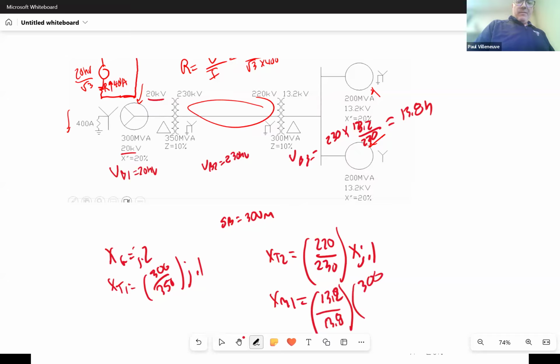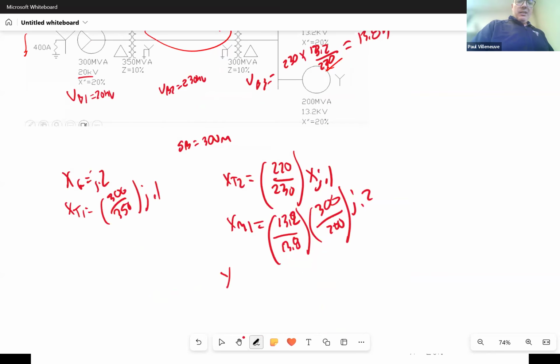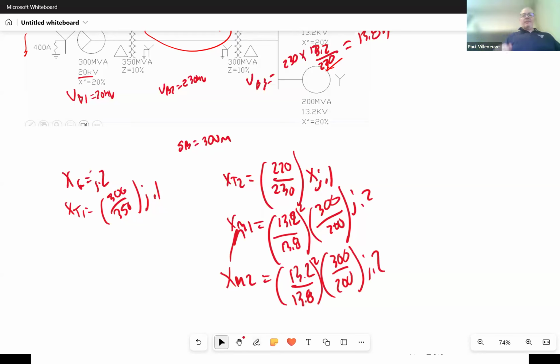And then the last one, X motor 2, same voltages. Forgot the squared part here. Sorry about that. Times 300 over 200 times j0.2. So these both should be equal to the same number. So now I have my per unit diagram, my per unit quantities all on a consistent base.